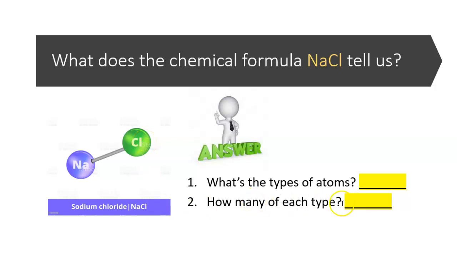How many of each type are located in NaCl? Pause the video, think about it, and come back. Good. Hopefully you said there is 1 atom of sodium, there is 1 atom of chlorine in every NaCl molecule.